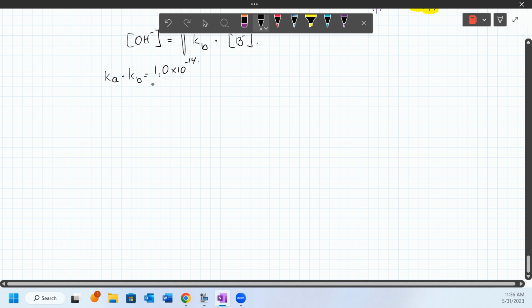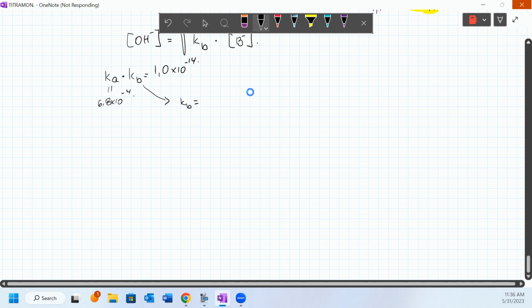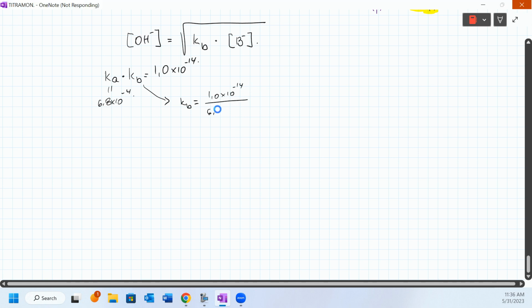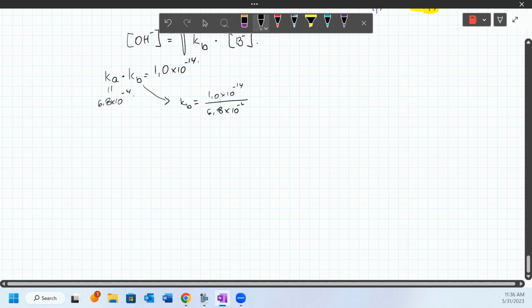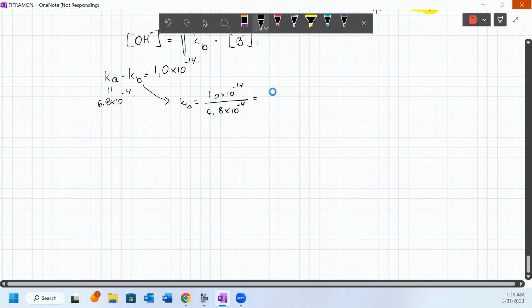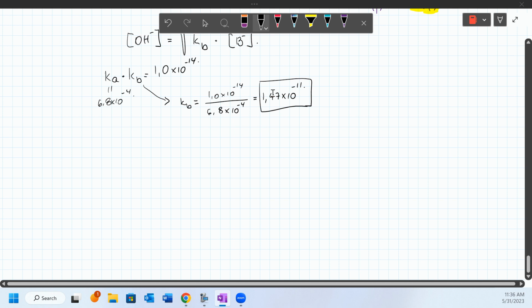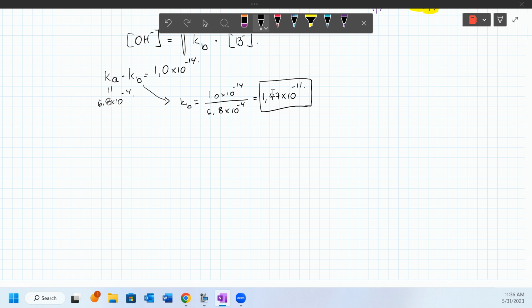Knowing Ka as 6.8 times 10 to the power of negative 4, we can find Kb as 1.0 times 10 to the power of negative 14 over 6.8 times 10 to the power of negative 4. When you enter this in your calculator, you will find that Kb is 1.47 times 10 to the power of negative 11. I keep more than one digit after the decimal point just to be safe, not rounding too fast.